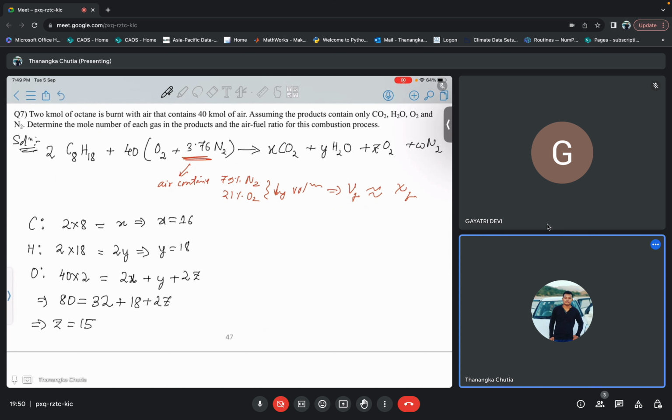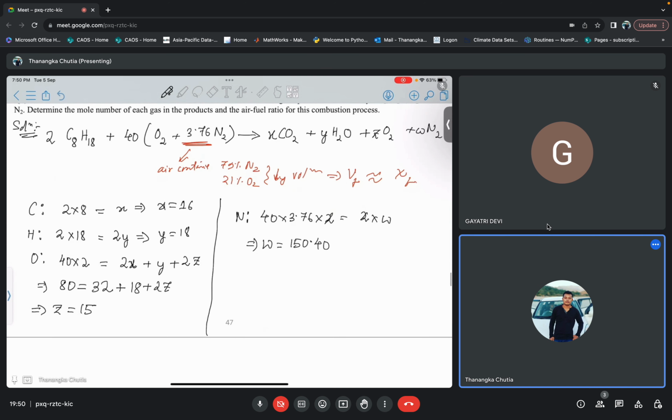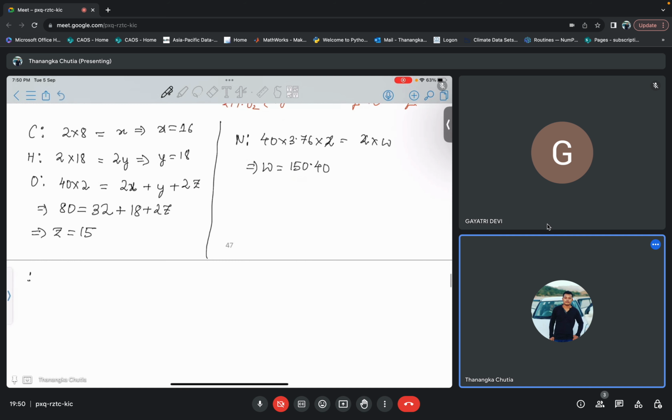Clear? Now let us balance for nitrogen. That is 40 into 3.76 into 2, equal to 2 into W, so W is equal to 150.40.